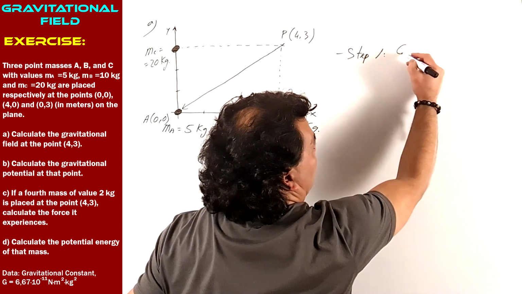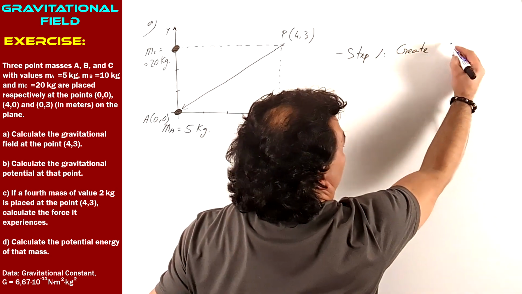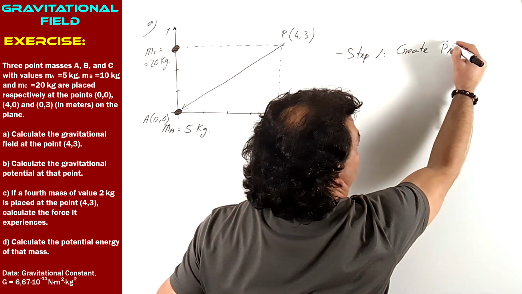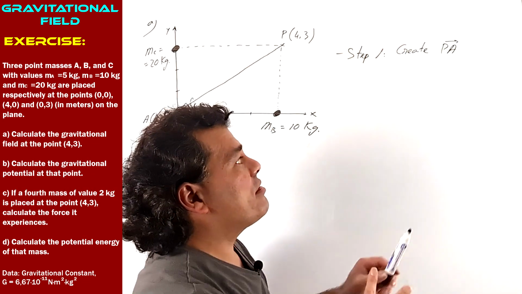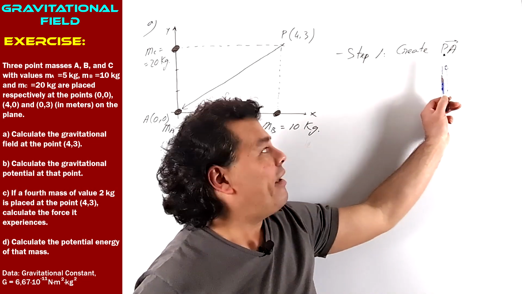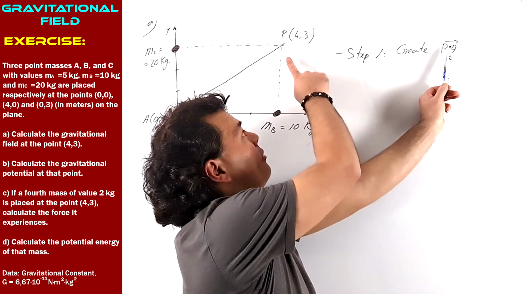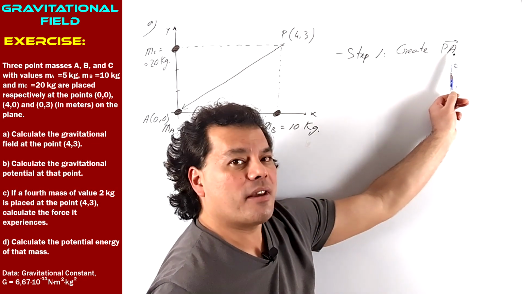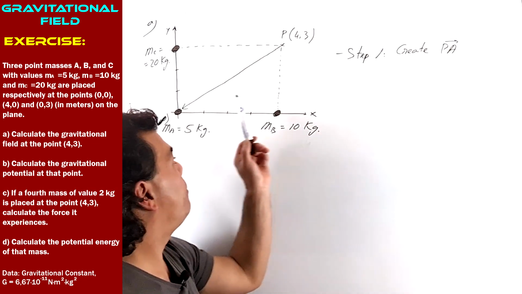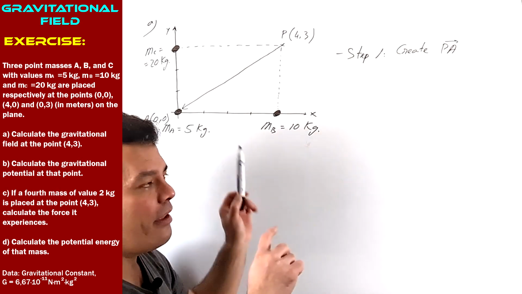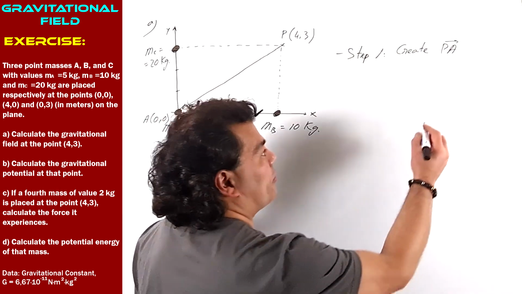It is very important to create properly this vector, PA. As you can see from this little symbol, the origin of this vector is point P, and it finishes at point A.